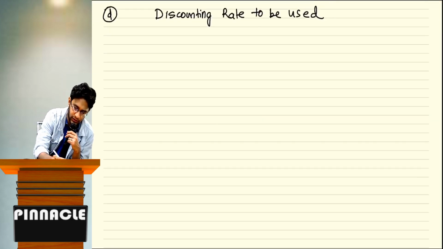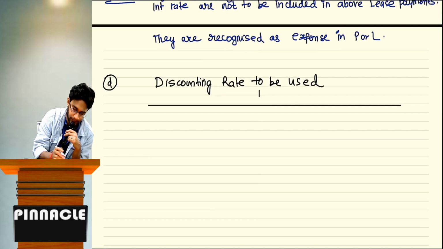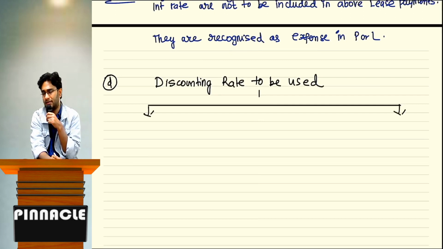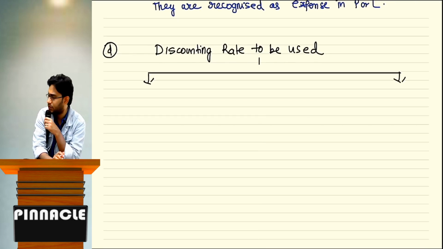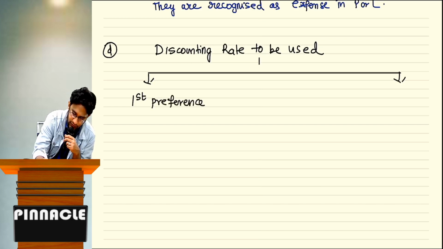Now, which discounting rate you have to apply for this? See, lease payments you identified, okay, but discounting rate, how to work out? In this, the standard gives you 2 choices, but more than choices, you should call it preferences. First preference, and if it is not possible to work out this for you, then you go to the next preference.